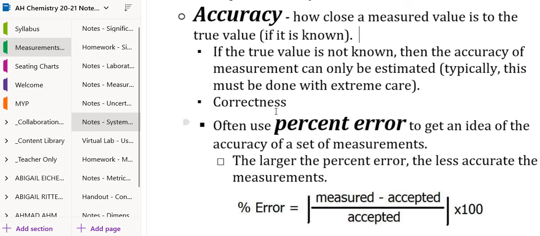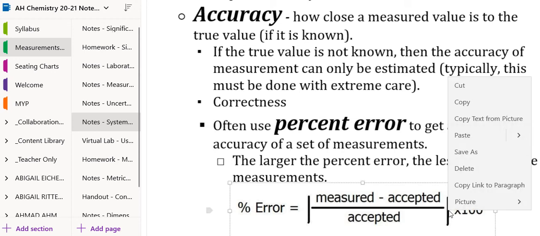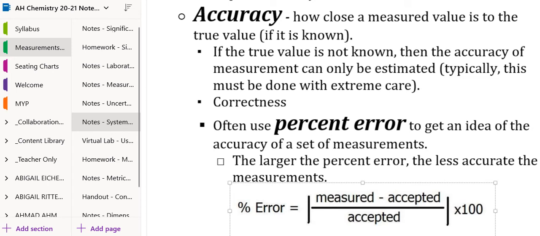And if you look at the board, what do these two lines around the formula mean? Absolute value, which means we're going to make our error what? Positive. And then multiply by 100 to make it a percent. So I'm going to give you a second to write down the formula and description of percent error, and then we will talk about it.